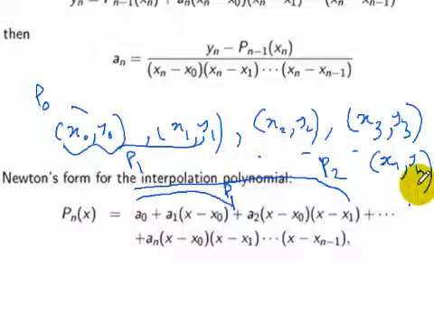When you add this one, finally we get this term. I hope you understood this method. Once you add a new point to your previous data set, you can compute the polynomial which interpolates those data points by using the previous polynomial, right?